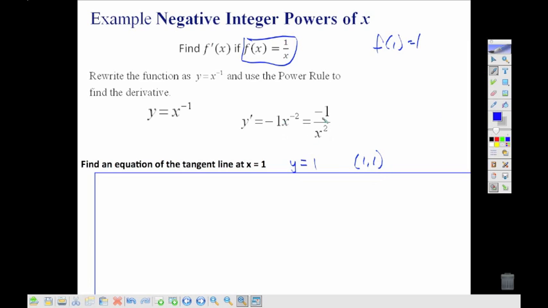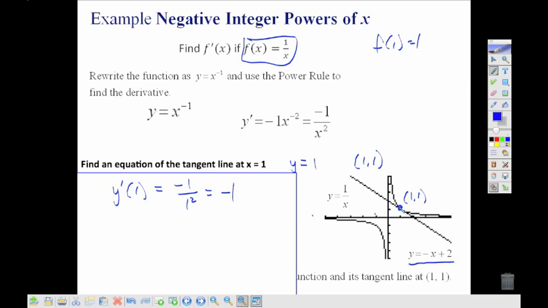We also need to know the slope of this tangent line at the point x equals 1, so we can use our derivative here at the point 1, which is now negative 1 over 1 squared, which gives us negative 1. So we're going to be using a slope of negative 1 at the point (1, 1), using the point-slope form. That'll give us y minus 1 equals negative 1 times x minus 1, or y equals negative x plus 2.